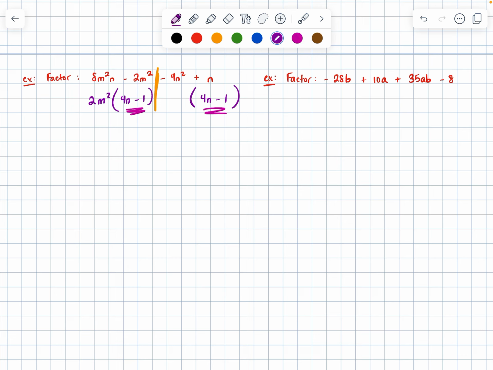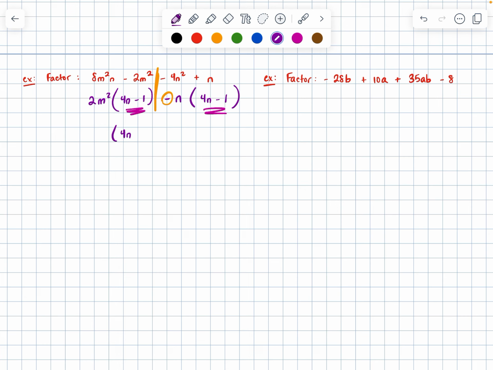So, looking at negative 4n squared, if I'm multiplying by 4n to get to negative 4n squared, I need to make it negative, and I also need to add in a copy of n. Look at that, negative n times negative 1 does get me back to positive n. This GCF works. And I strategically chose to pull out a negative as well to make sure that the 4n minus 1 was the same in both groups.